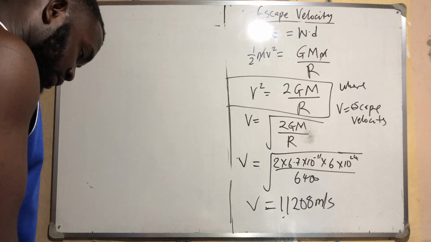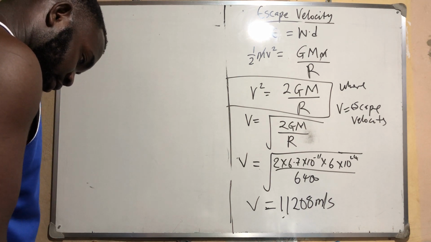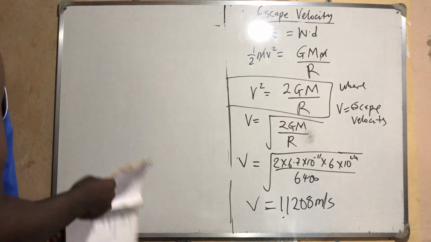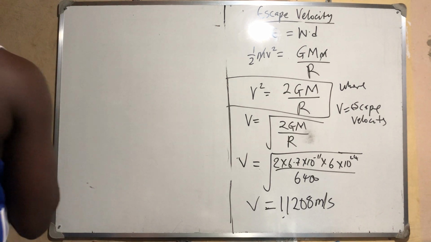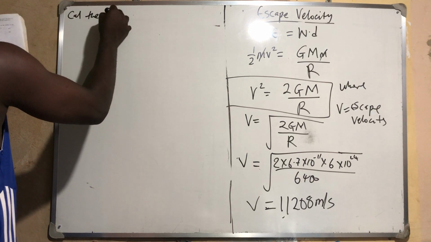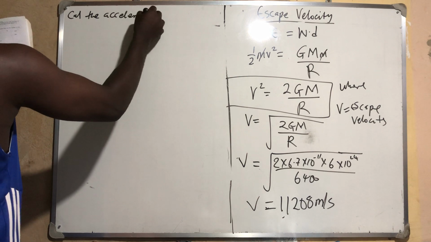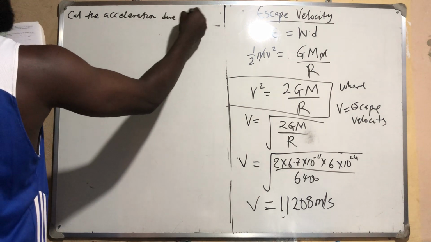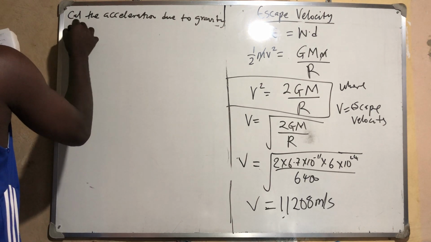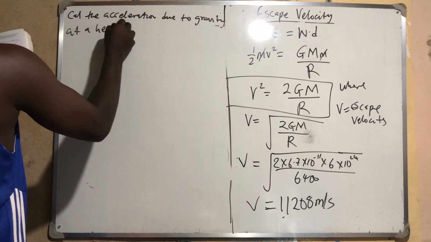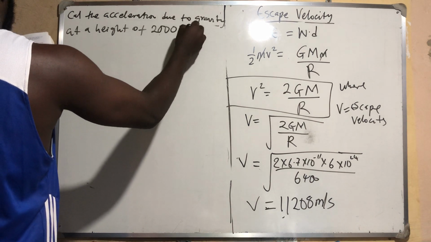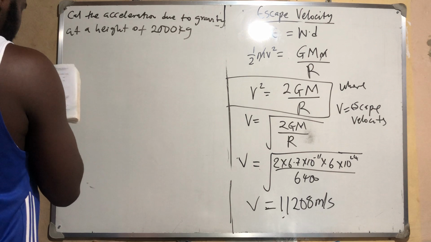The first question we're going to solve, example 1, said: calculate the acceleration due to gravity at a height of 2000 km above the surface of the earth.